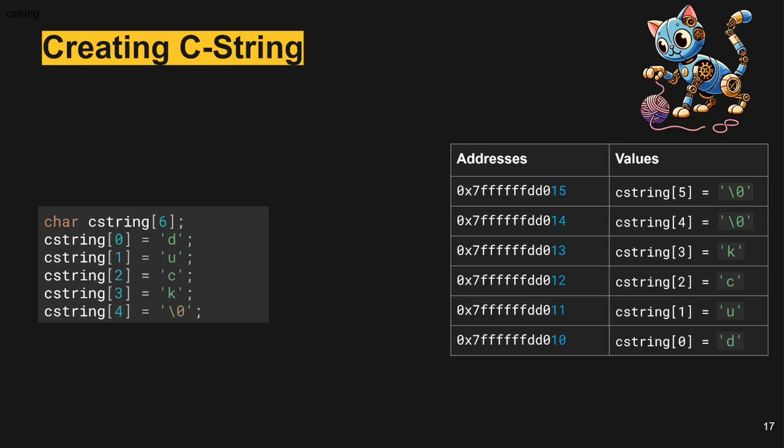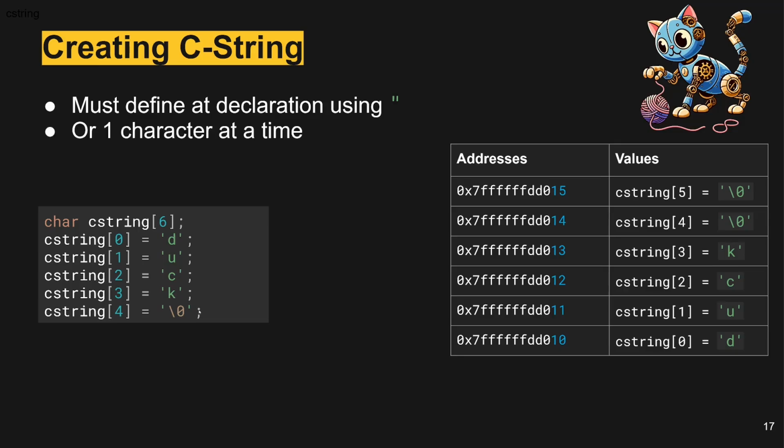There's a number of different ways we could create a C-string. We saw one method previously using initialization to do it. The other way we can do it is one character at a time. So we have the same C-string and we set duck, D-U-C-K, and then the very last element, very important, has to end with this.